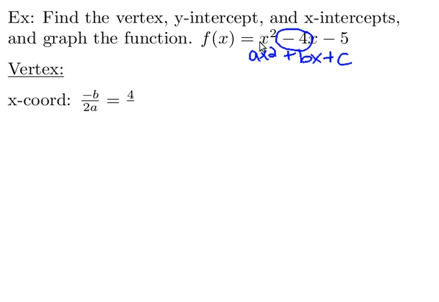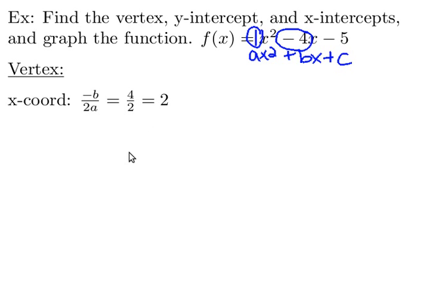And 2a, well, a is an understood 1, so 2 times 1 gives you 2. So this is going to equal 2. Your x-coordinate for your vertex is going to equal 2.